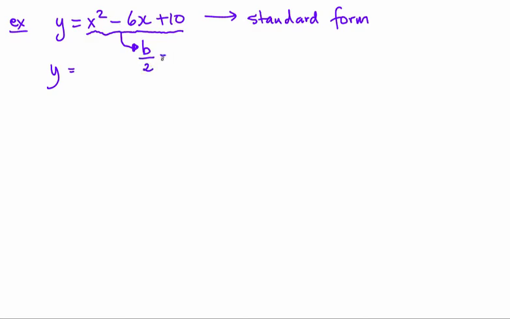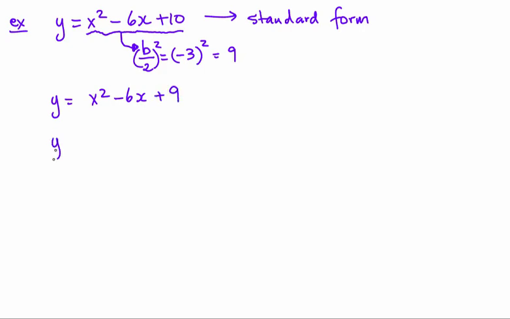So you cut it in half, so that would be negative 3 in this case, and then you square that. So you're taking all of this and you square that, and that would be 9. And so if there was this form, y equals x squared minus 6x plus 9, it would be a perfect square trinomial, and it would go to (x minus 3) squared. So there's your x, there's your 3, there's your minus sign.